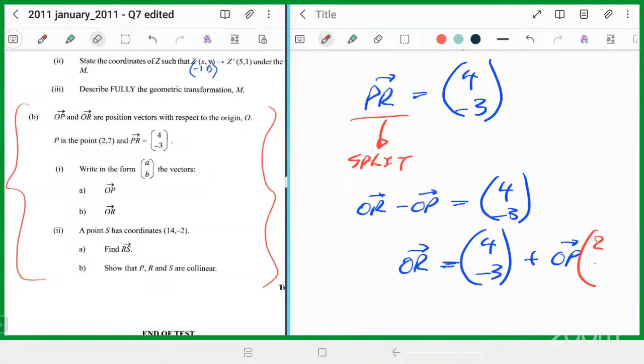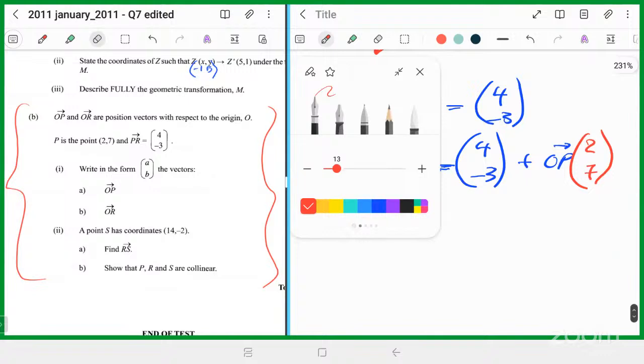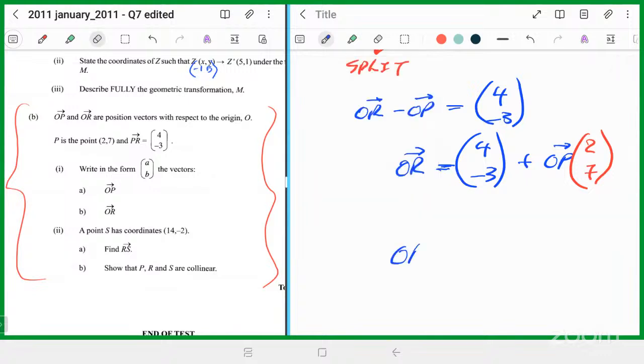OP is (2,7). So OR then becomes 4 plus 2 is 6, and -3 plus 7 is 4. That is the OR. Nice and easy.